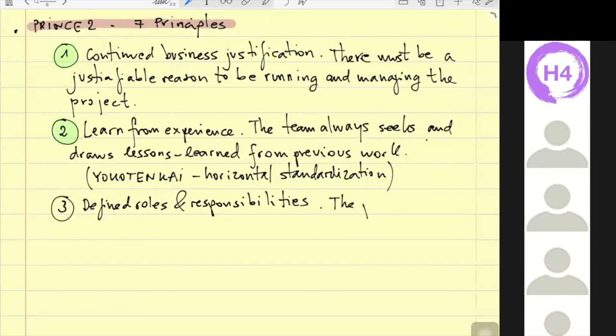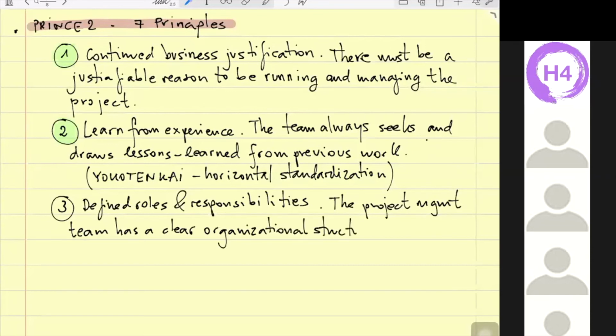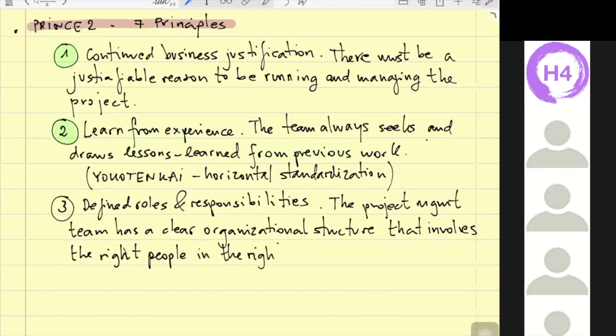The project management team has a clear organizational structure that involves the right people in the right tasks. So put the people to do what they know to do at the time they need to do it.